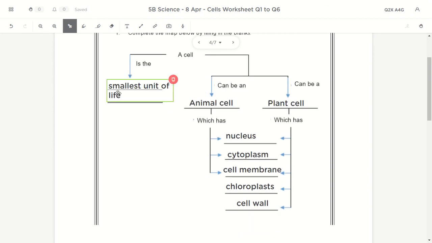Cell, smallest unit of life. There are two types of cell, animal and plant cell, which share common parts like the nucleus, the cytoplasm, and the cell membrane, while only plant cell have chloroplast for the leaves to make food by absorbing sunlight, and cell wall, which gives the plant cell a regular shape.